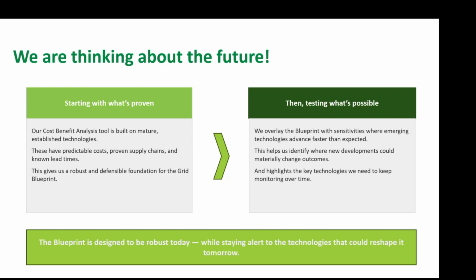So it's designed to be robust today and provide us with a solid foundation for what we need to get on with now, noting the very long lead times associated with building transmission, while also staying alert to technologies that could reshape things into the future.